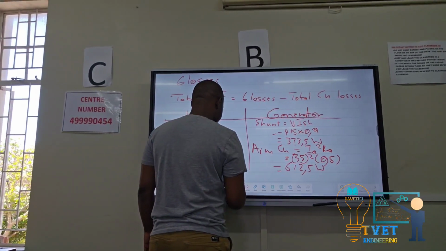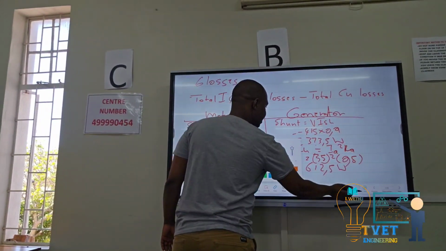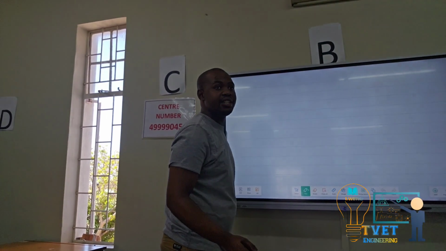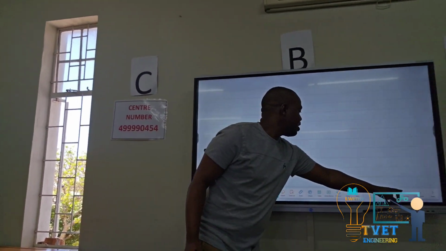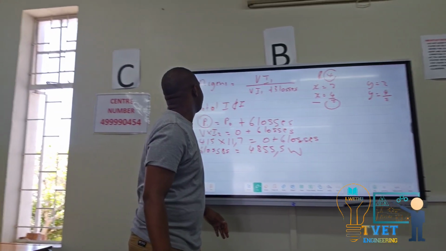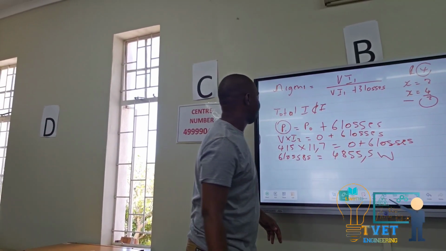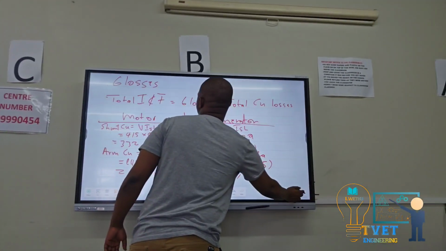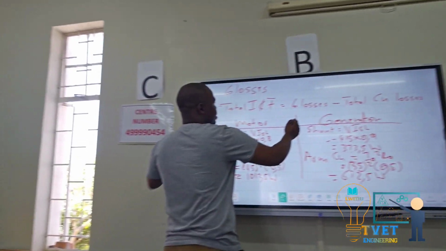Next is to find the total iron and friction loss.